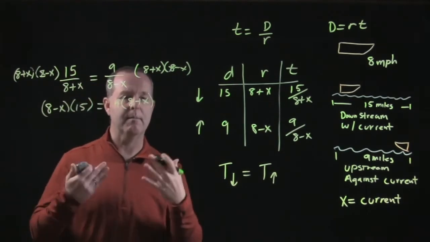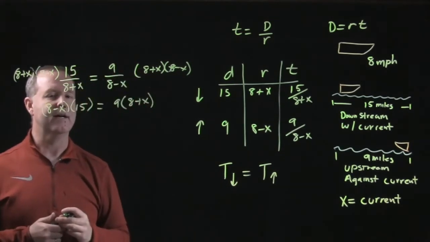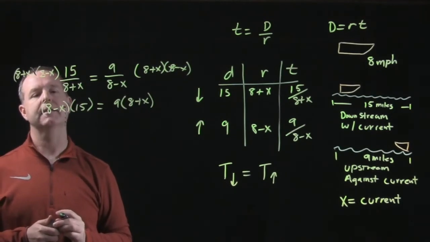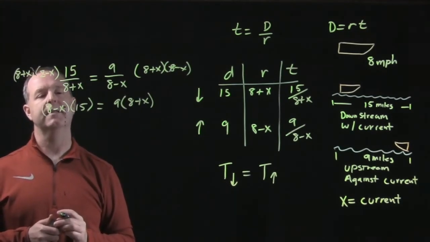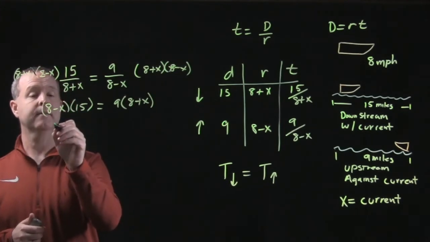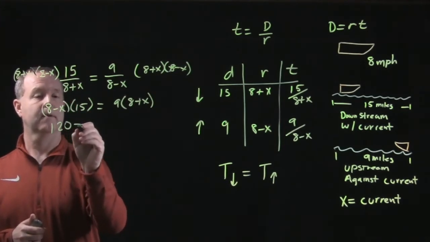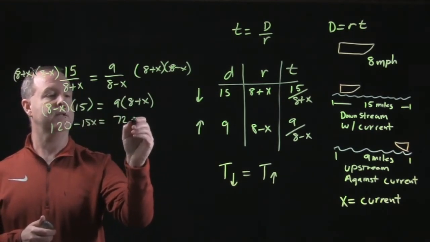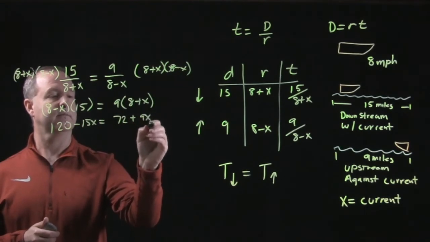Continuing to solve that problem, I'm sorry, I know I'm going to be in the way of working this out. So 15 times 8 is, what is that? 15 times 8, 30 times 4, 120 minus 15x equals 9 times 8, which is 72 plus 9x.